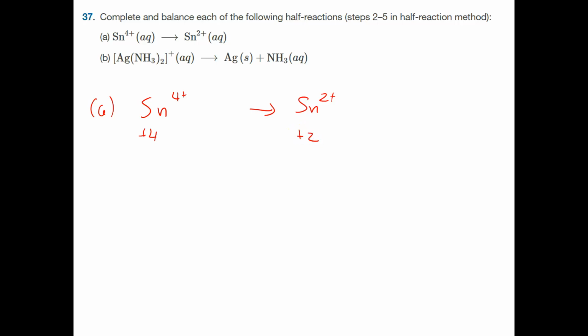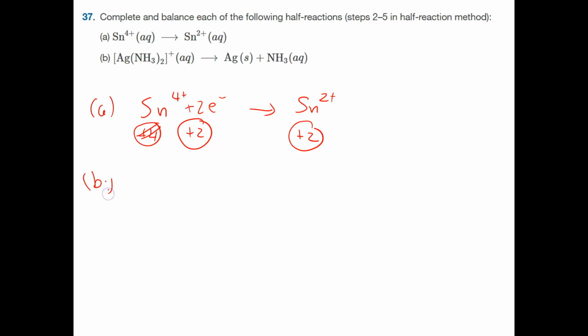The atoms other than oxygen and hydrogen are balanced, and oxygen and hydrogen themselves are balanced. We just need to balance for charge. We have +4 charge on the left, +2 charge on the right. So we're going to add in 2 electrons because we always add electrons to the more positive side. And now the total charge on both sides is +2 and everything is balanced.